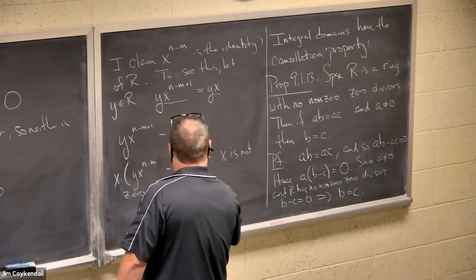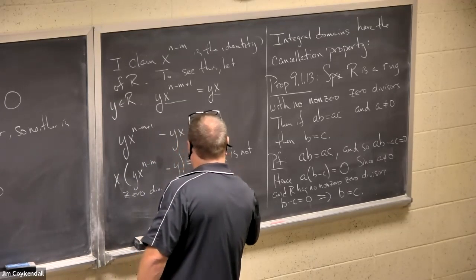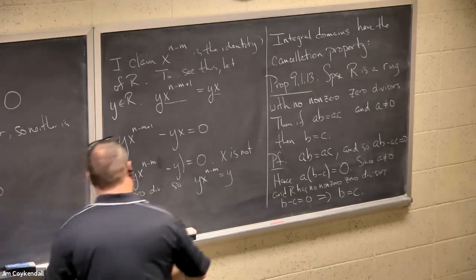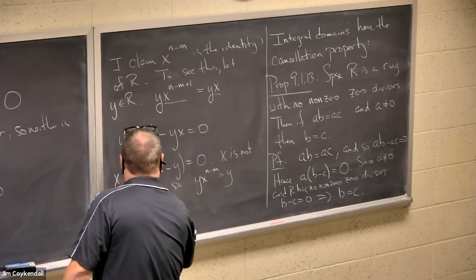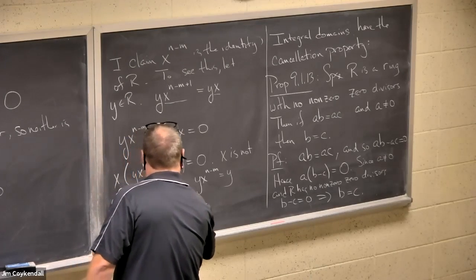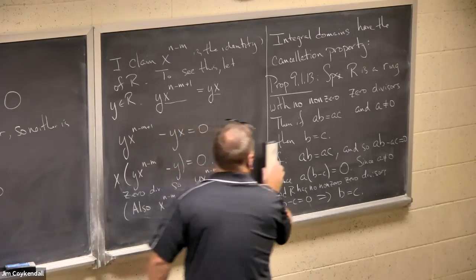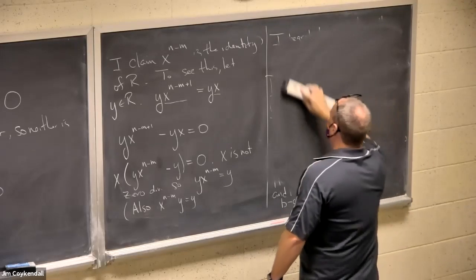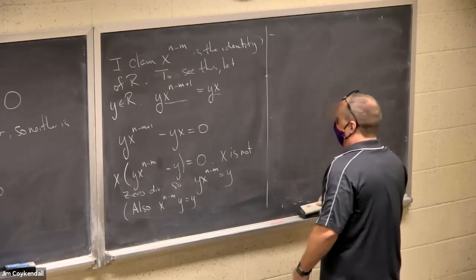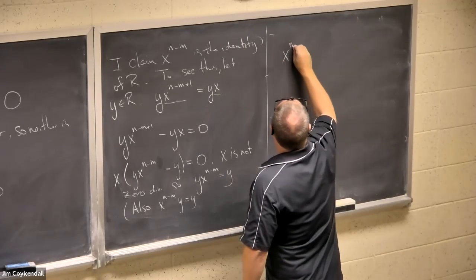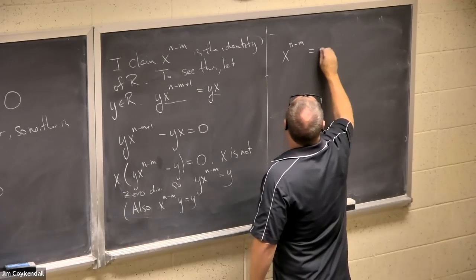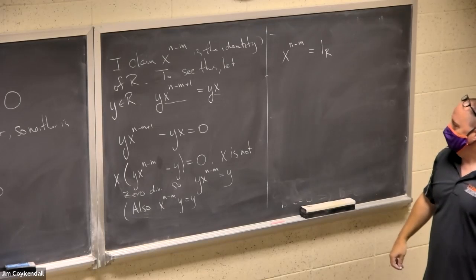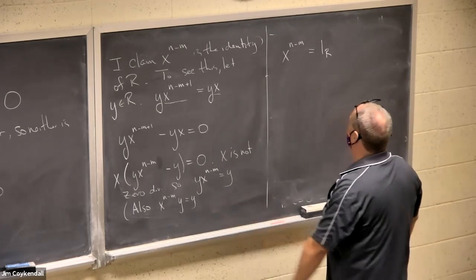So y x to the n minus m equals y. Also, if you do this on the other side, you get x to the n minus m y equals y. And so that's it, folks. Because now, what do we know? We know that x to the n minus m is the identity of R. Right? Because it leaves y alone on both sides.